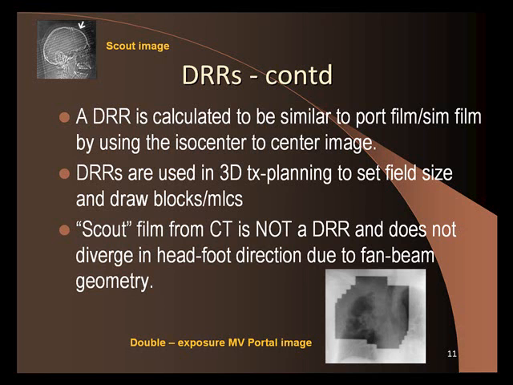Okay, so the DRR comes from the plan. So the DRR is the intended treatment. TX is an abbreviation for treatment. Intended treatment, and it comes from, or is generated by, the treatment planning computer.